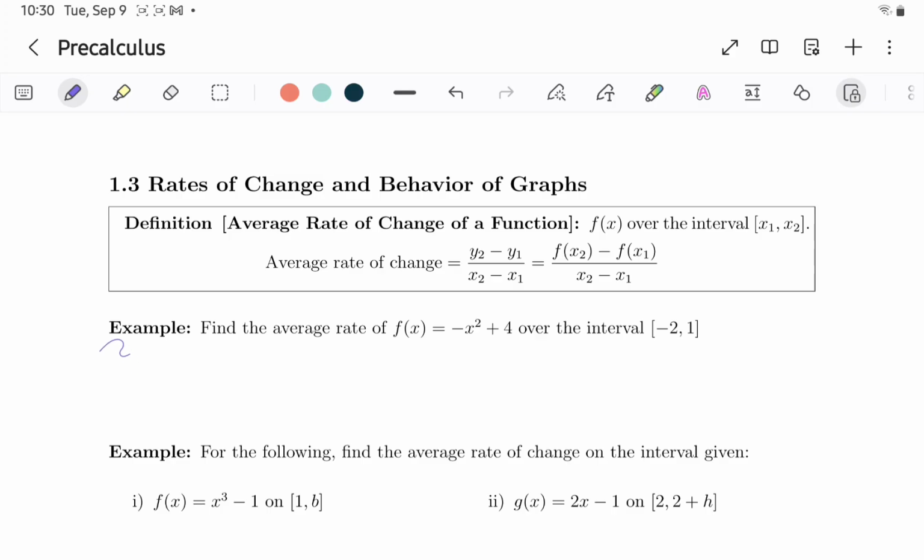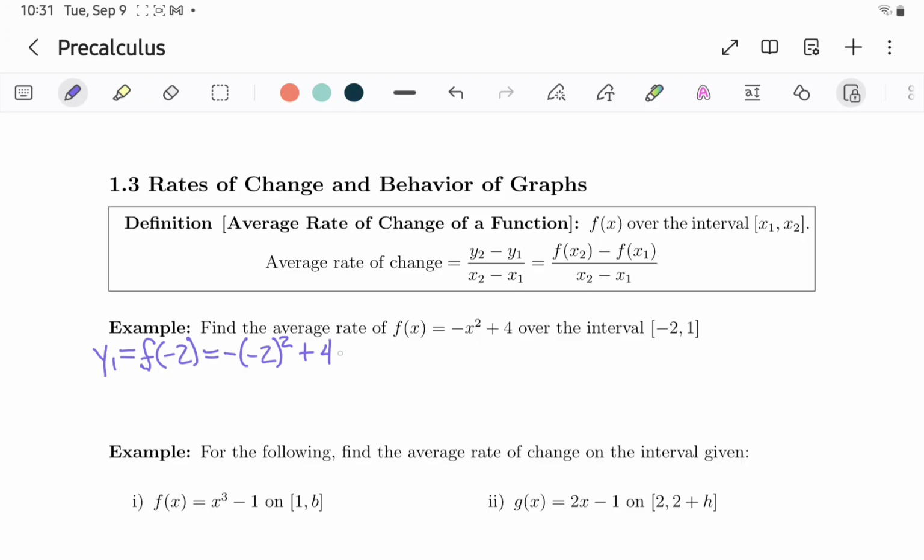All right, so for our y sub 1, in this context, it's going to be equal to f of negative 2, because our x1 here is essentially the left endpoint of this interval. And so f of negative 2 is going to be equal to, well, just using the formula for f, we have minus, and then replacing every instance of the variable x with our desired input, minus, and then start parentheses, put a negative 2 for x in there, squared plus 4.